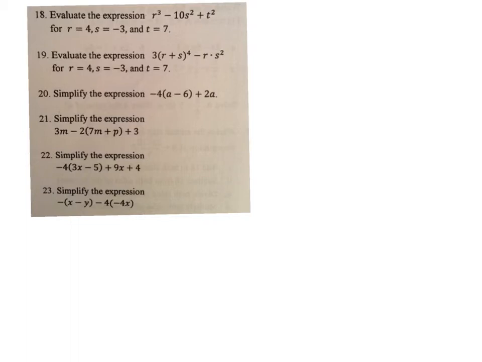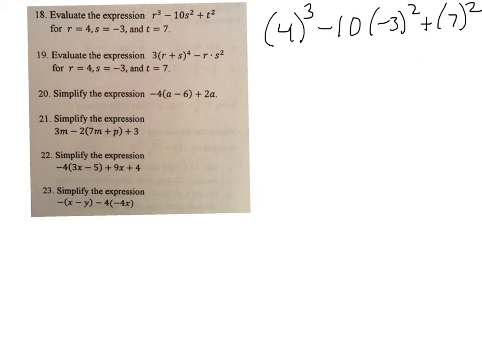So real quickly, on the first one, it's r to the third. R is 4 to the third power minus 10, and s in this case is negative 3, and we're going to square it, plus t in this case is 7, and we're going to square it. So we're going to do each one of these individually. 4 to the third power is 64, minus 10. Now negative 3 squared is a positive 9, and then 7 squared is 49.